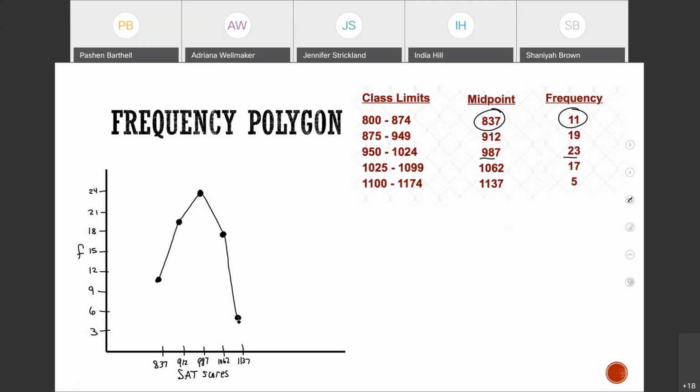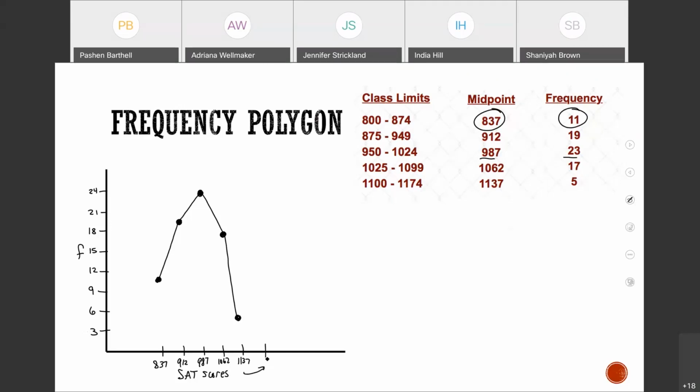Now the reason for the extra space. On a frequency polygon, you are going to bring both ends of your graph back down to the x-axis. And you're going to do that at the previous tick mark and the next tick mark. So you're going to think to yourself, if I had one more tick mark coming out here, using the same spacing that I've been using, it would be like here.